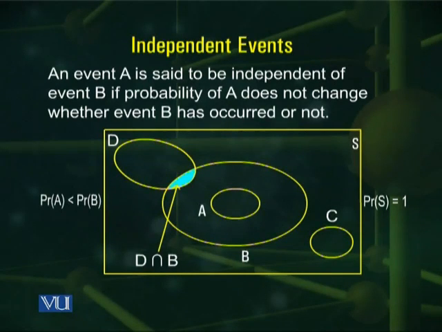If you look carefully at this Venn diagram and assume that D is independent of B, that is, the probability of D given B and its absolute probability are the same, then event B is independent of D. That is, the probability of B given D is the same as the probability of B without additional information. So if two events are independent, they are independent in both ways. Information about one does not change the probability of the other, and information about the other does not change the probability of the first one.